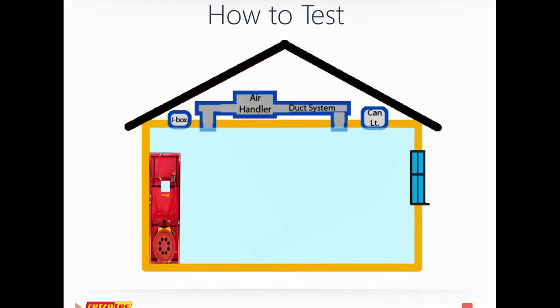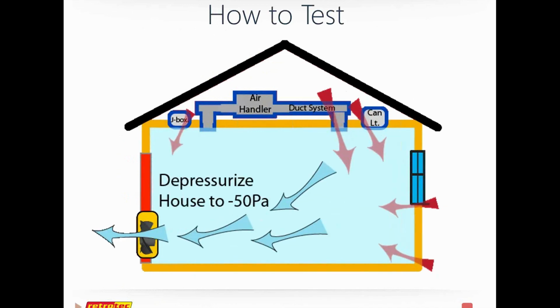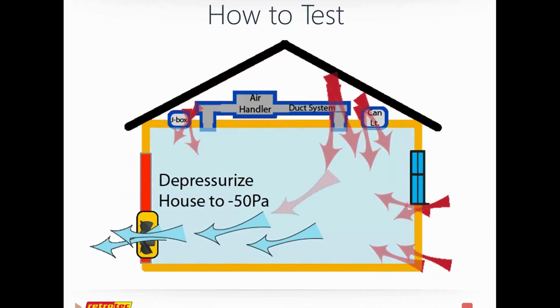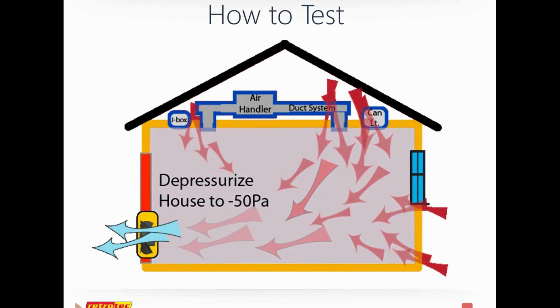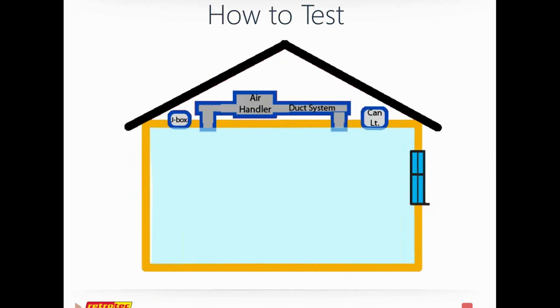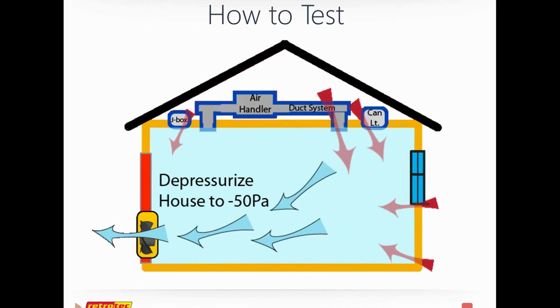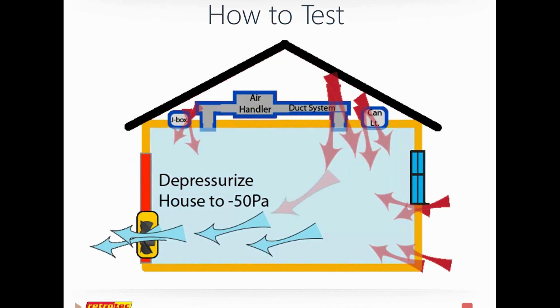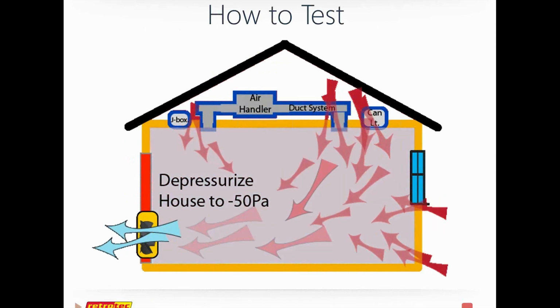So here's a more basic slide. The way that a blower door test works in general, regardless of whether you're looking for the cubic feet per minute at -50, as I'm showing here, or air changes per hour at -50, or whatever results you're looking for, is that you're using that fan to either depressurize or pressurize. In this picture we're just going to talk about depressurization, because for a 101 class it's not important to talk about pressure versus depressure.